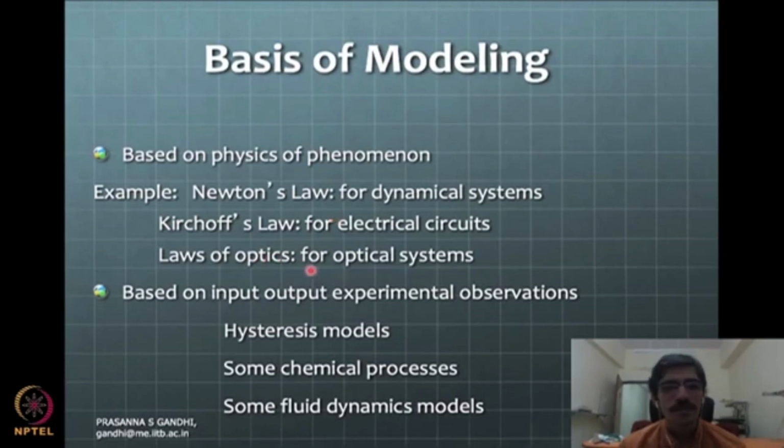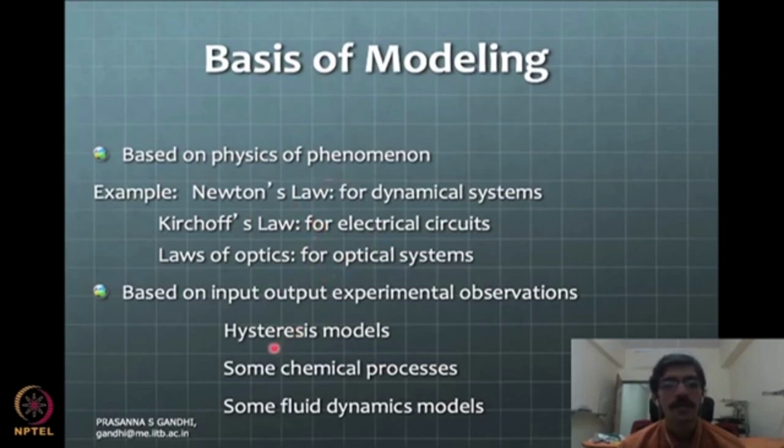Then you can use some additional physics in the system. For the CD-ROM case, for example, you may need to think about Gaussian beam propagation and the laws of optics. Many other kinds of physics may come up, depending upon what system you are handling.